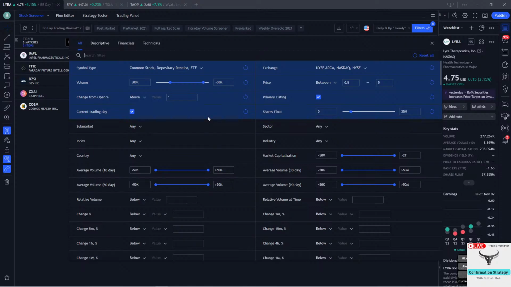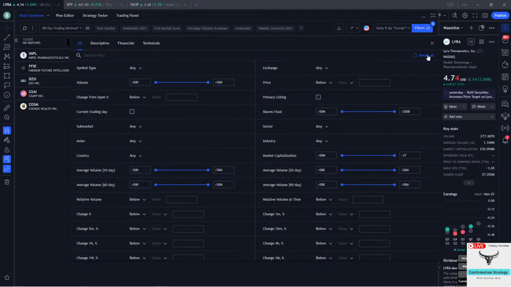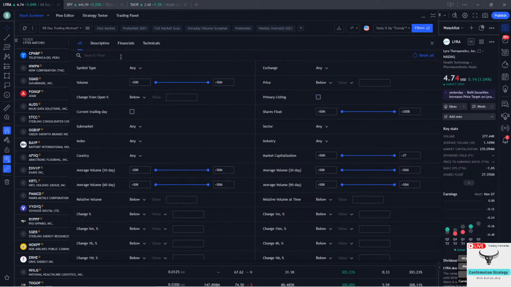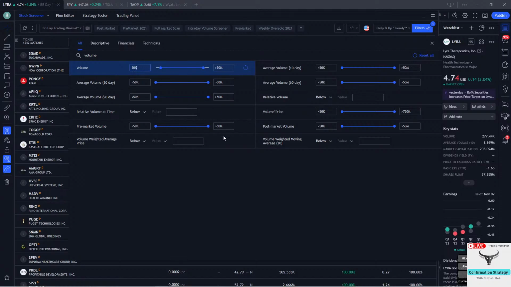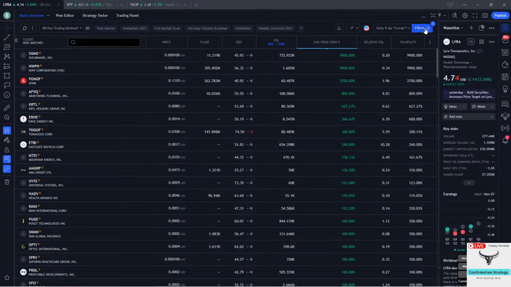So let's look for value in the market right now. Let's reset this and go to volume, and we'll set a minimum of 50,000 shares. Then let's go to the float size, because I trade low float stocks.